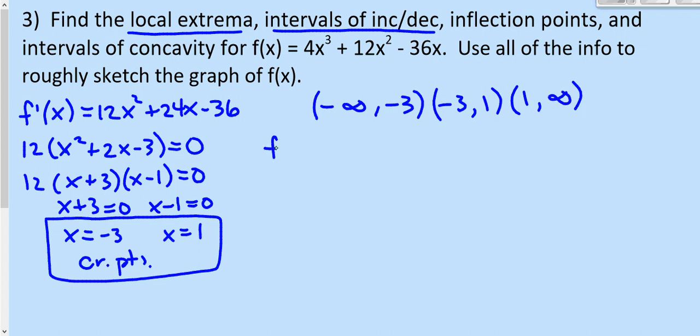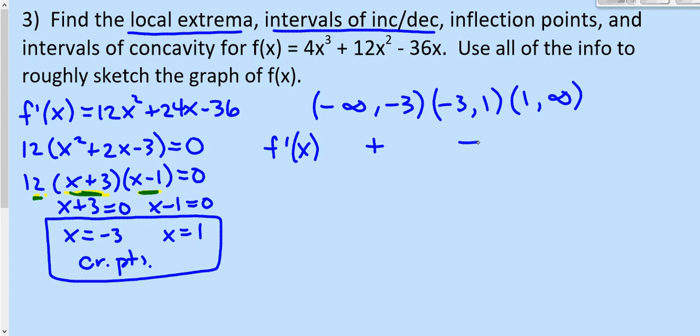Let's pick a number and plug it into the first derivative. I'm going to pick negative 4. So I have 12 times negative 1 times negative 5. Positive times negative is positive. For the next interval, I'm going to pick 0. So I have 12 times 3 times negative 1. Positive times negative is negative.